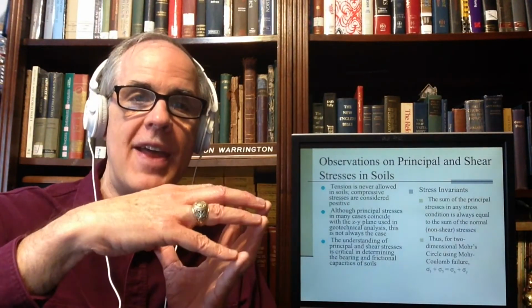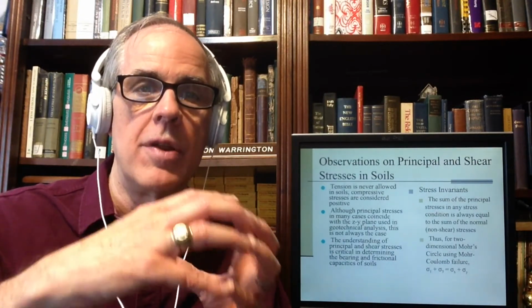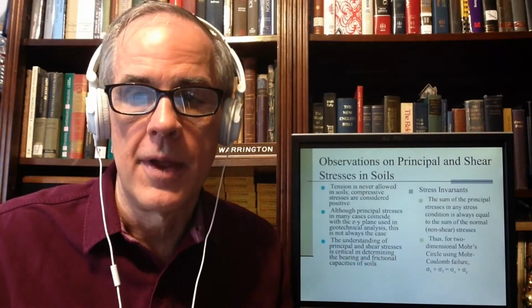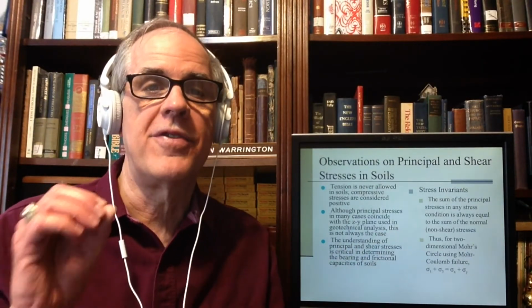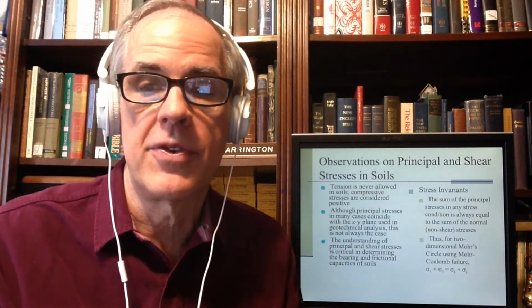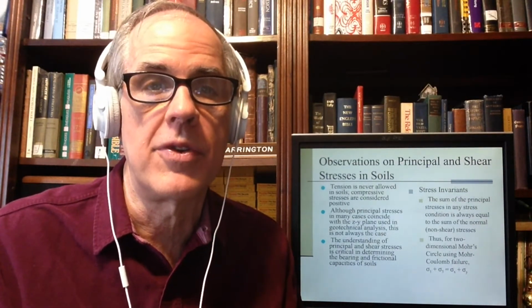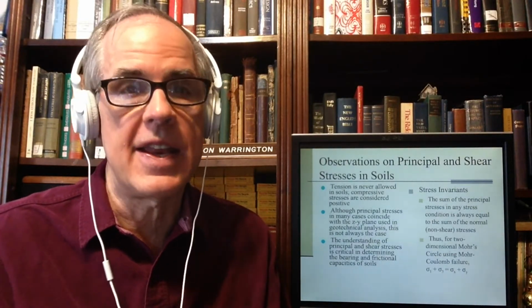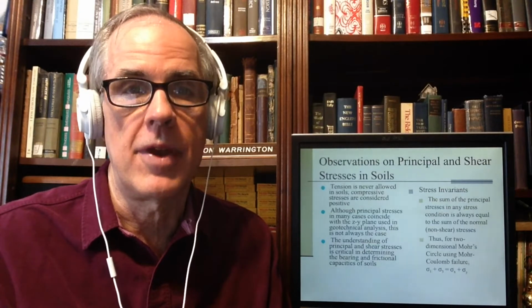There are other things mathematically that don't change, and one of those is the stress invariants. The only stress invariant we're going to talk about in this course is the first one. And the first stress invariant is really simple. The sum of the principal stresses is always equal to the sum of any two normal stresses at any orientation of the element, at any coordinate system.